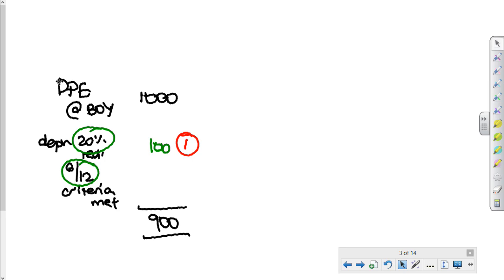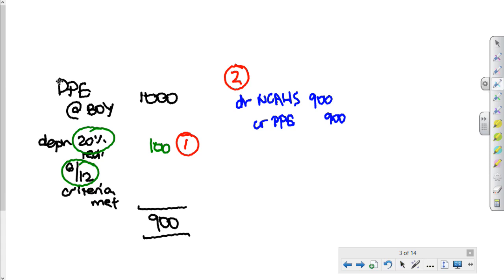Step 2 then would be my journal. My journal entry is to debit non-current assets held for sale, 900, and to credit my PPE, 900. Just be careful, I also didn't even tell you cost. What we actually need to do here is credit cost and debit ACDEP.